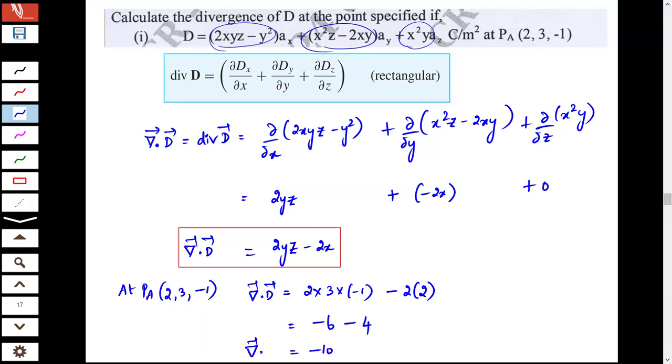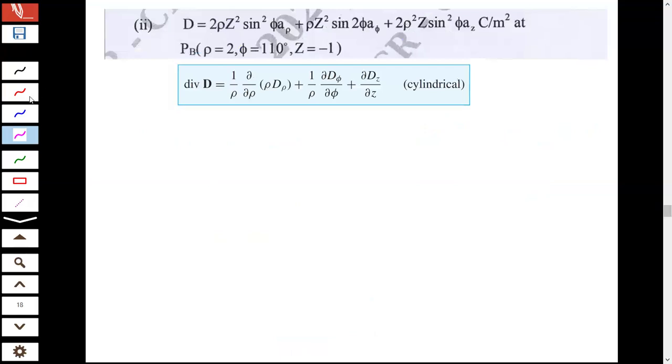So this is del dot D. We should also recall that del dot D has the same unit as rho v, because this divergence of D vector gives the volume charge density, which must be given with the unit coulomb per meter cube.